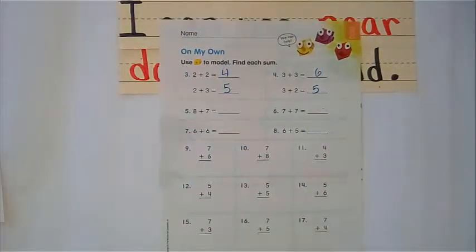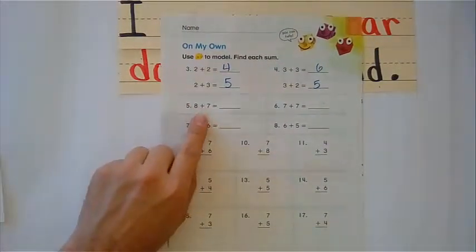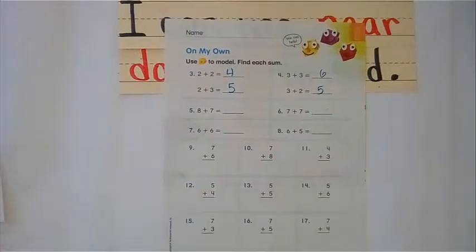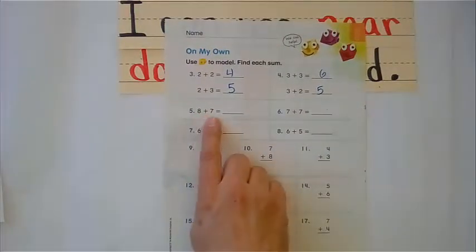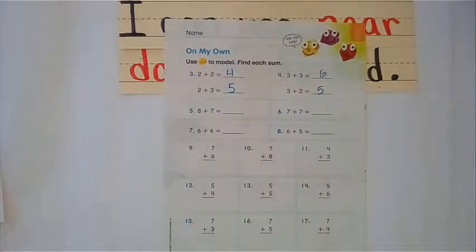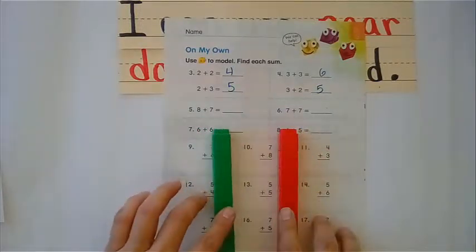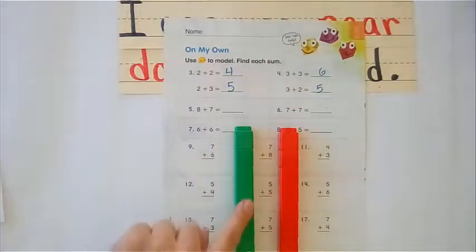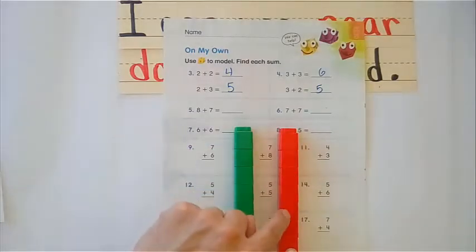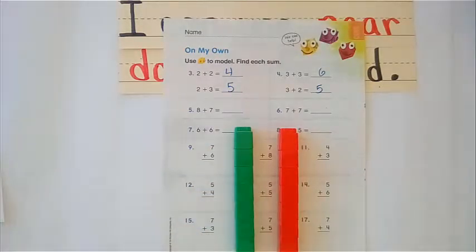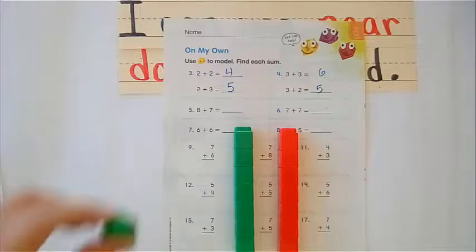Great. Okay, so now for this one, I have 7 plus 7, or I could do 8 plus 8. Let's do 7 plus 7. Okay, so if I have 7, and then 7 more, that's what? 7, 8, 9, 10, 11, 12, 13, 14. But I need one more.